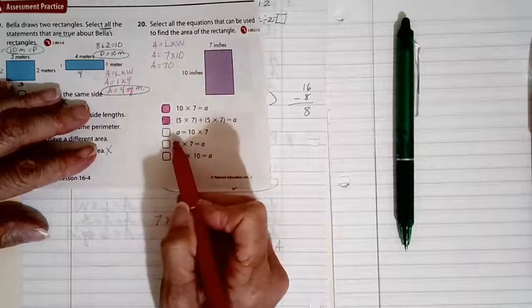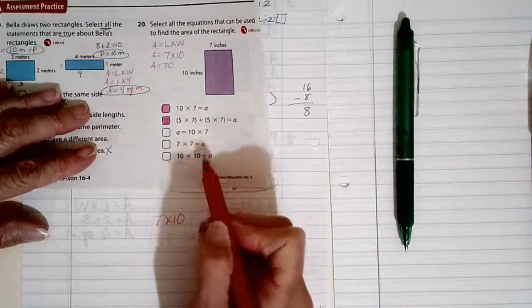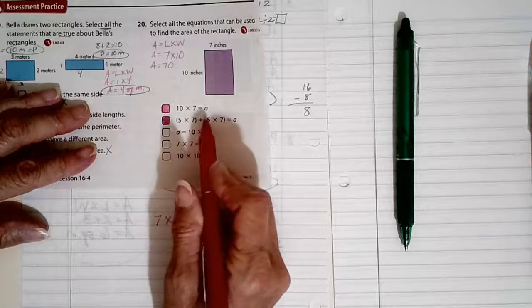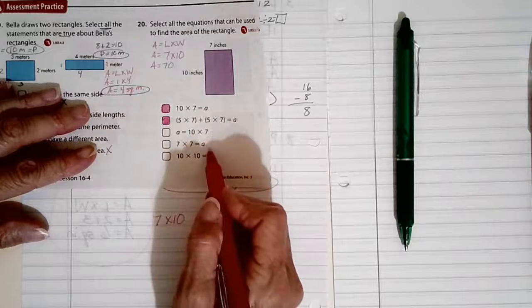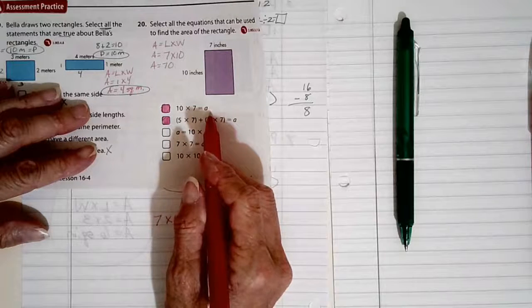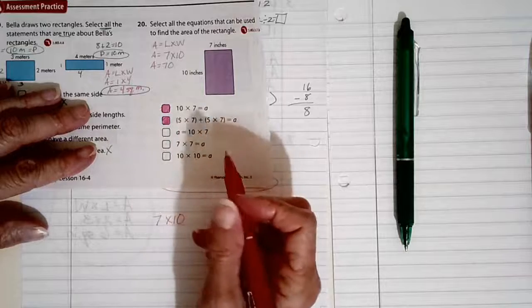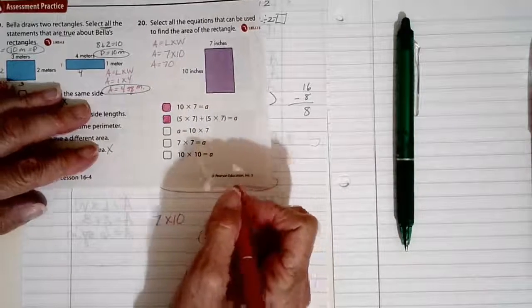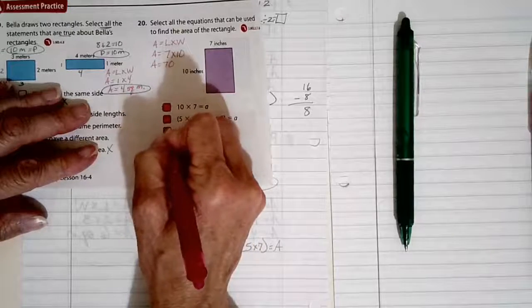Now this next one says area equals 10 times 7. Well, can we put the A in front of the equation or have the A after the equation? Remember, the A is just the unknown. That's our area. That's what we're solving for. And yes, we can. Absolutely.